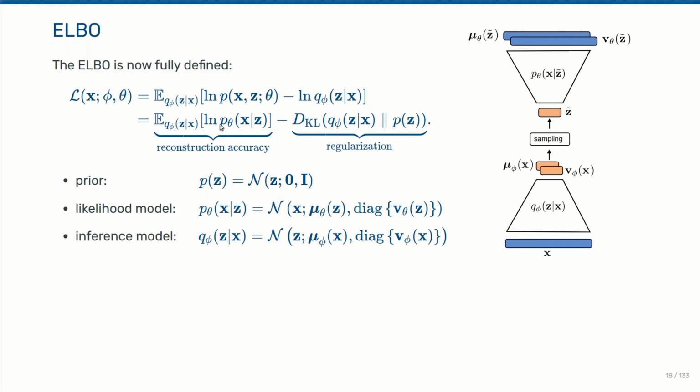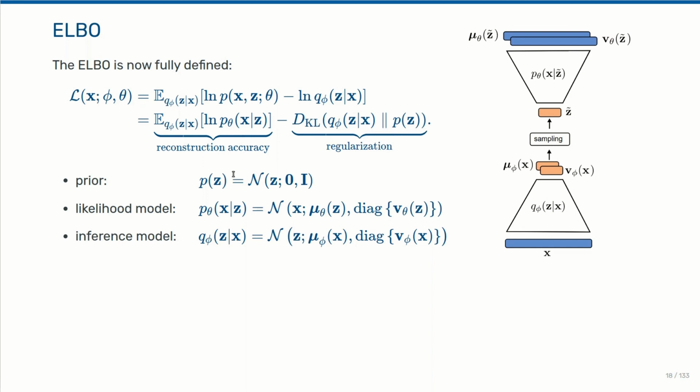The first term is usually referred to as the reconstruction term because it is supposed to give an estimate of the reconstruction accuracy of the method. And on the right, we have a Kullback-Leibler divergence that is regularizing the posterior distribution to be close to the prior distribution of Z.